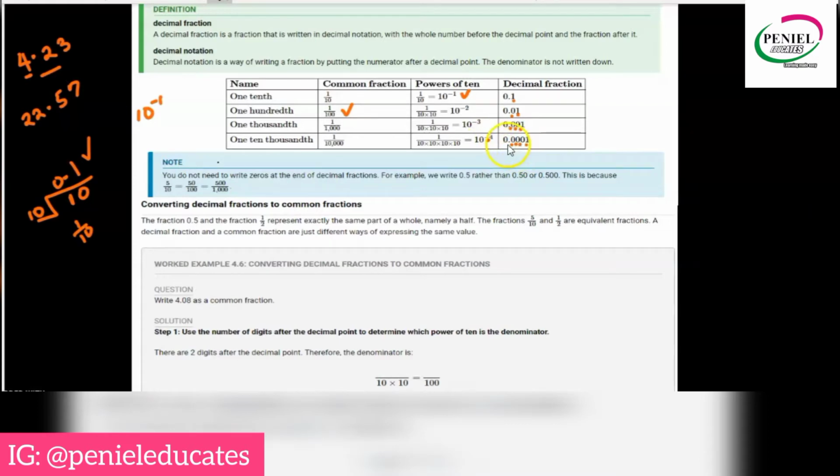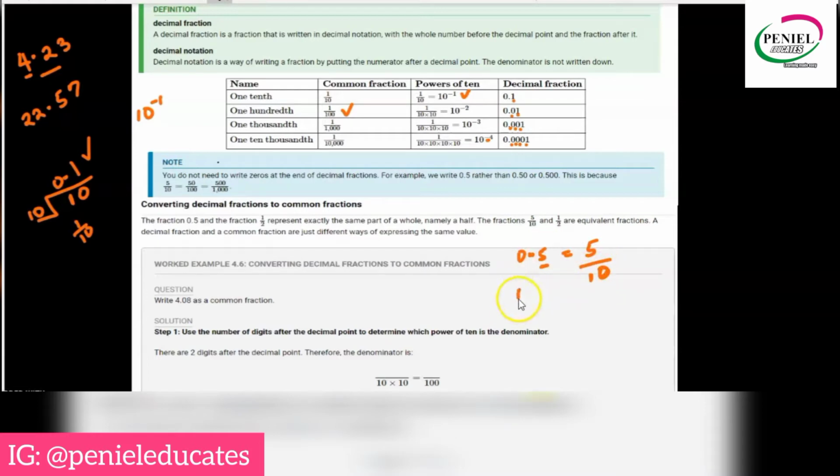Now, if you want to convert decimal fractions to common fractions, the 0.5 that we have before is like 5/10. Let's do it again. If you have to convert 0.5 to a fraction, you pick the 5, then ask how many digits are after the decimal point. It is only 1 digit, so you put 10.